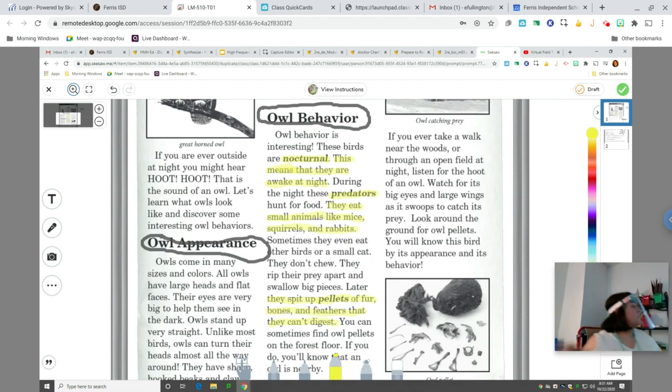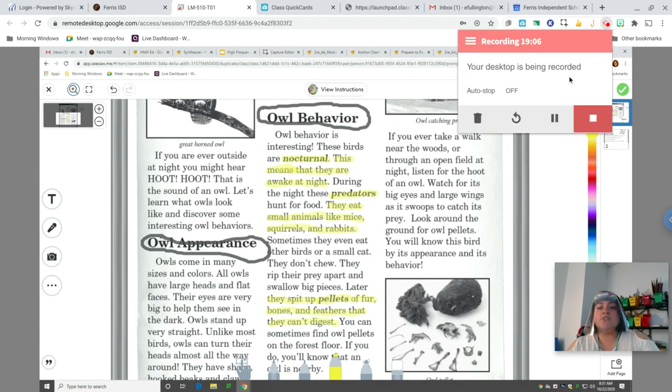So Mrs. Fullington has highlighted pretty much the whole sentence right here. Go ahead and make sure that your highlighted words are the same as Mrs. Fullington's. So I'm going to go ahead and pause and take a minute for us to kind of catch up with this.